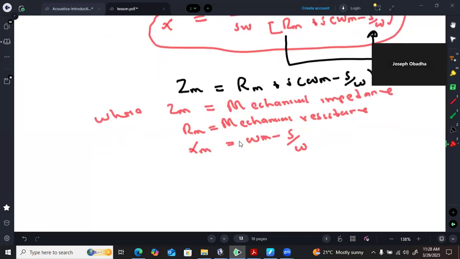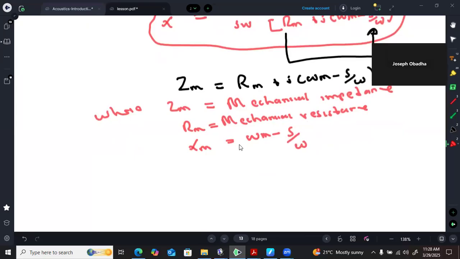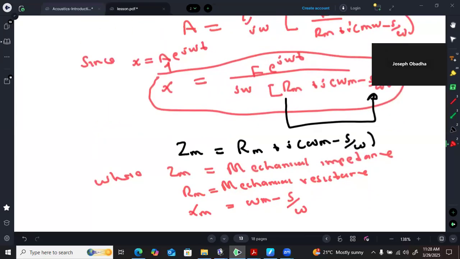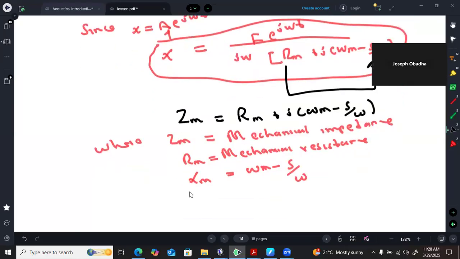In fact, following this notation, I can have X being given by F e^(j omega t) over j omega Zm.